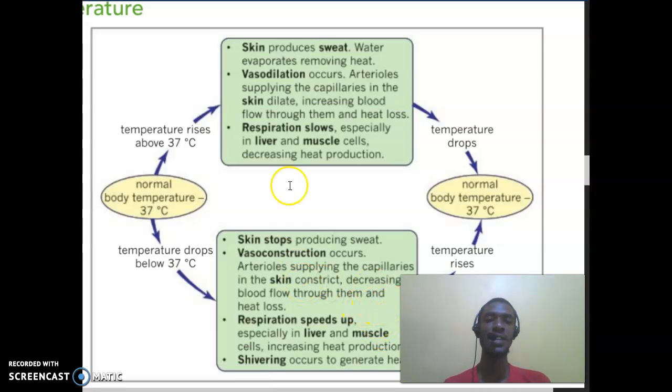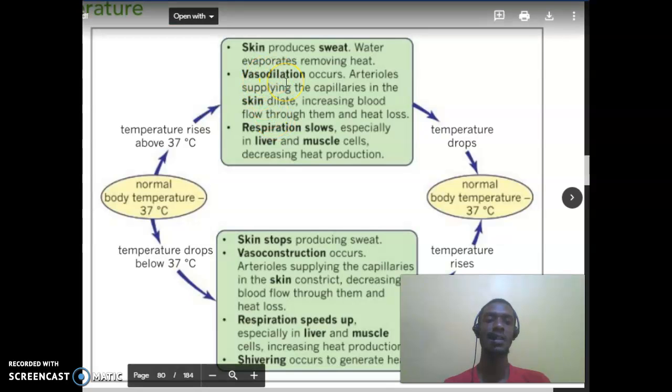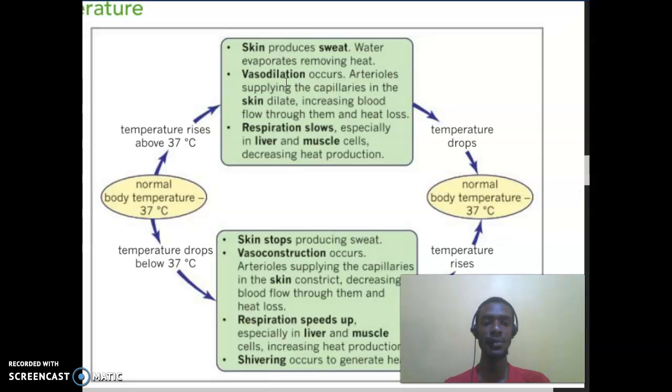Right, so in a case where the temperature is too hot, the follicles of hair on our skin would be lowered, they would be lying flat or almost flat so that air around them can escape. But when we are too cold, they would stand up to trap the air that is escaping.